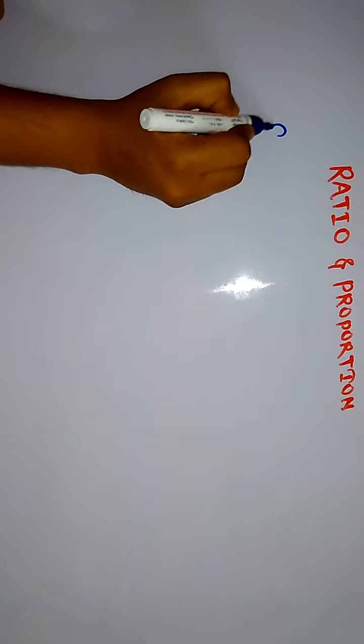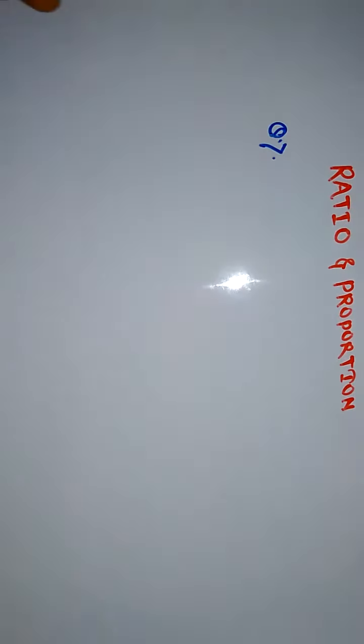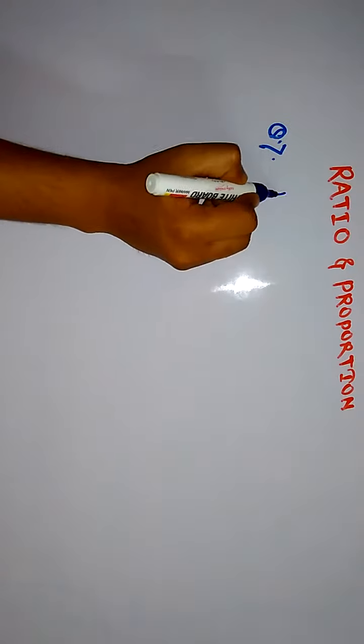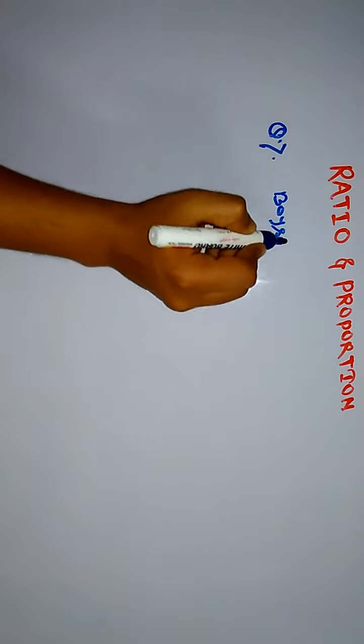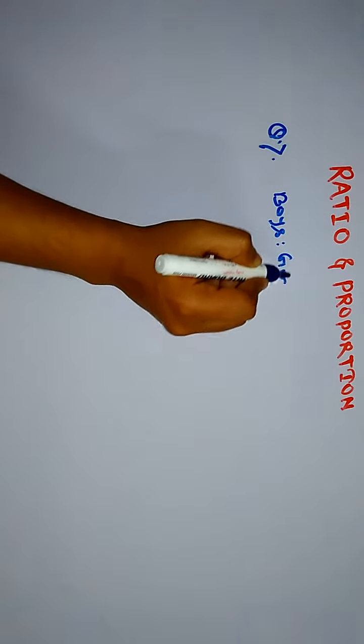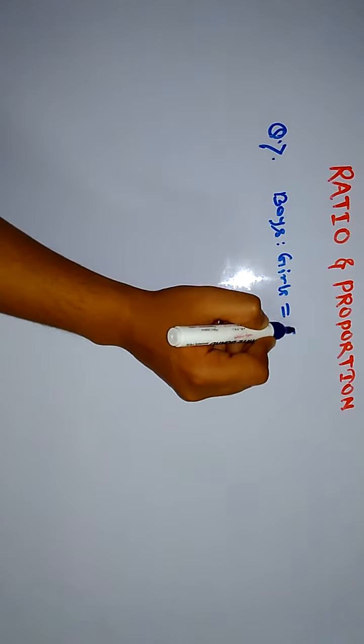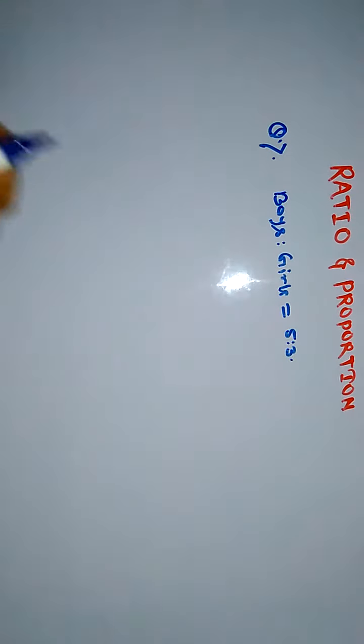So next question. It is saying that the ratio of boys and girls in a class is 5:3, boys is to girls equals 5:3.